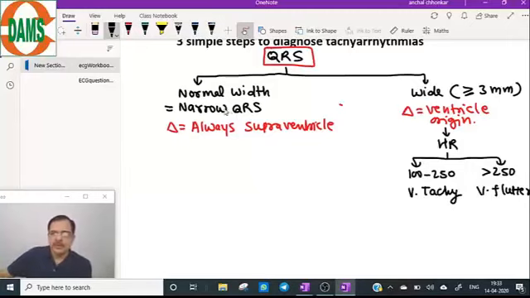Now come to the normal QRS. The first step was the QRS complex; we have to see the width. Now the second step is the P wave. If you can recall, in bradyarrhythmia we did the same steps. So now you have to assess the P wave.